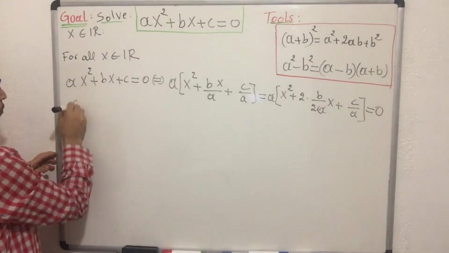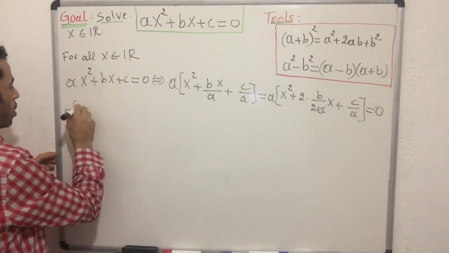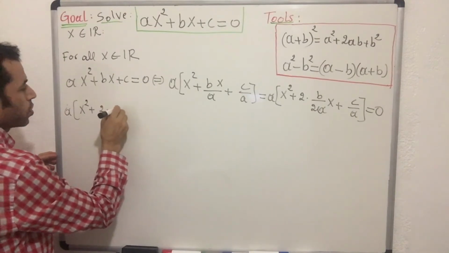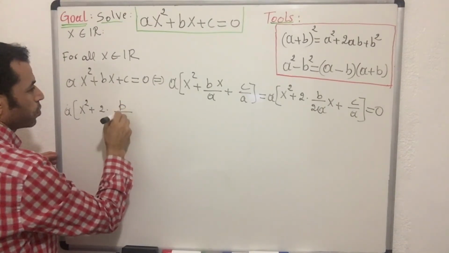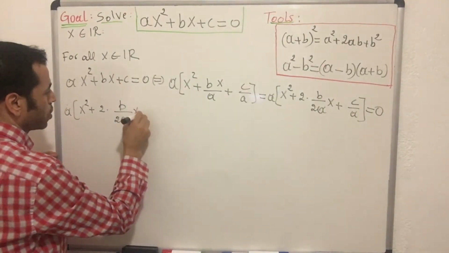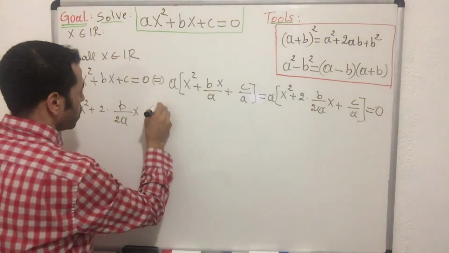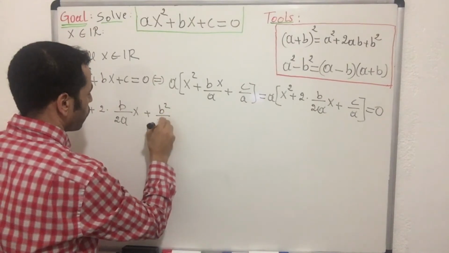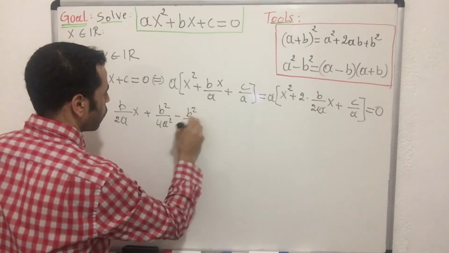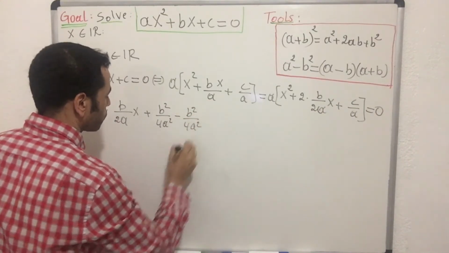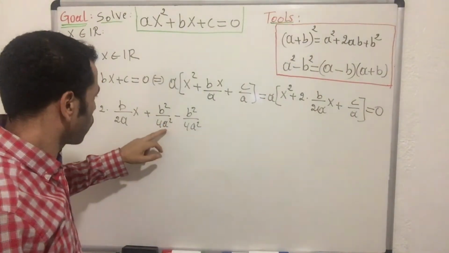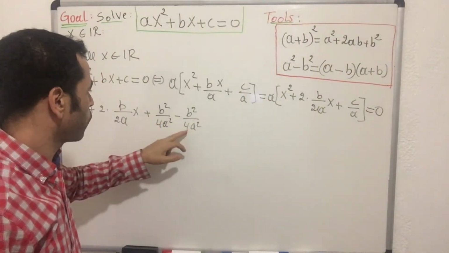So a factor x squared plus 2 times b over 2a x plus b squared over 4a squared minus b squared over 4a squared. I'm just adding b squared over 4a squared minus b squared over 4a squared.